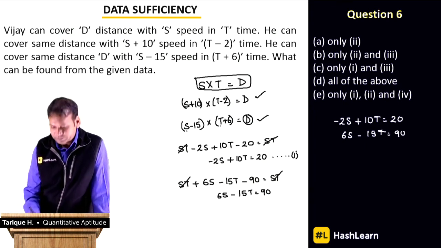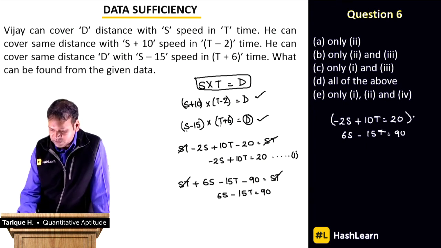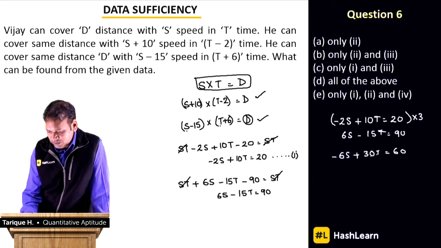Multiply 3 in the first equation, which gives minus 6S plus 30T is equal to 60, and 6S minus 15T is equal to 90. Add them, so the S terms get cancelled. 15T is equal to 150, or T equal to 10.